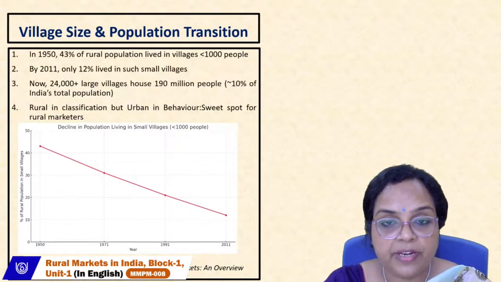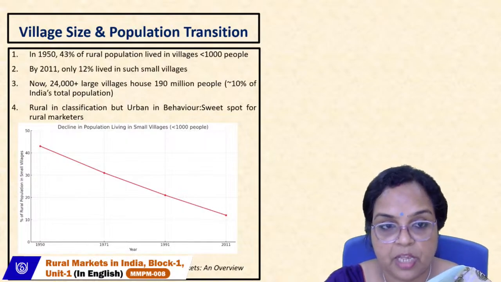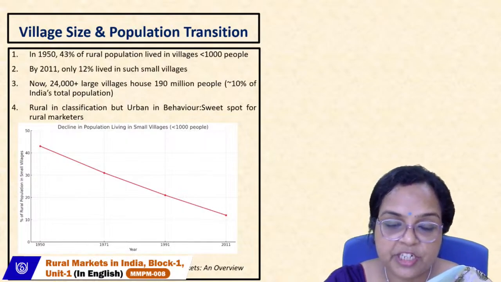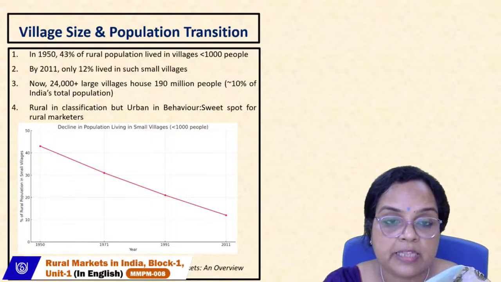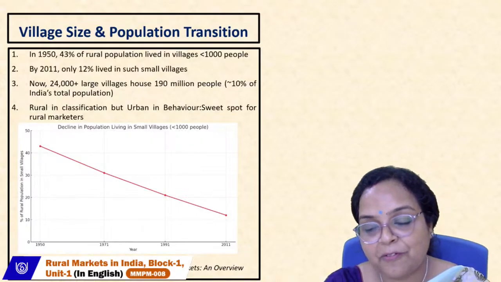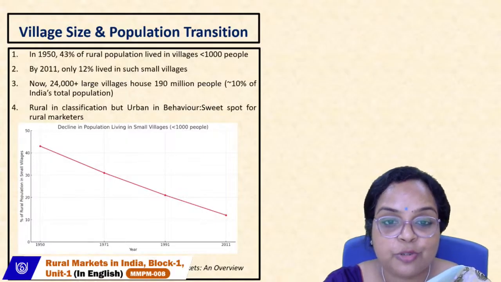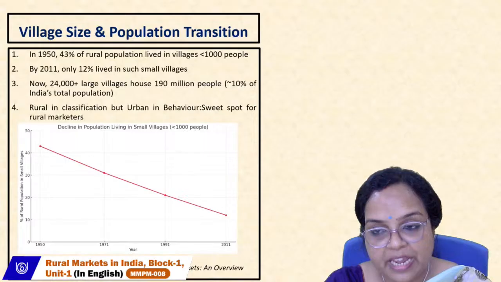That roughly calculates to 10% of India's total population. Rural in classification but urban in behavior. These are the catchy words nowadays. They are classified as rural, but their behavior is slowly displaying that of the urban belt. So this is the sweet spot for the rural markets.